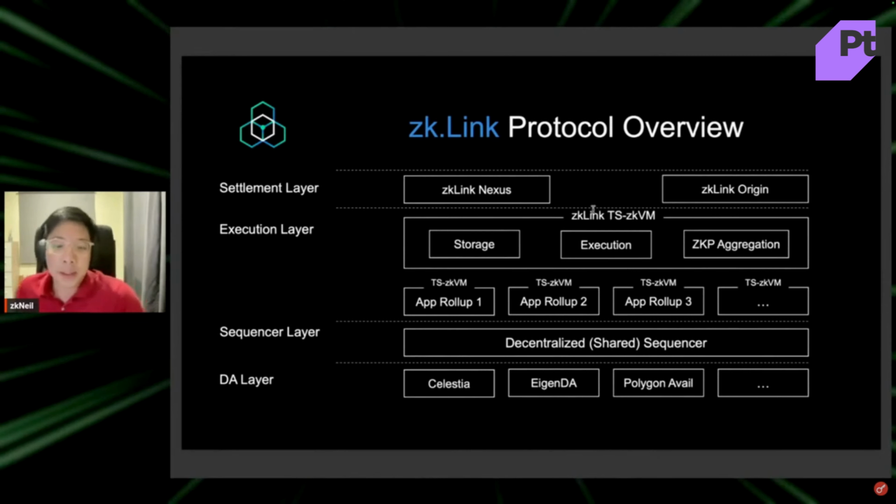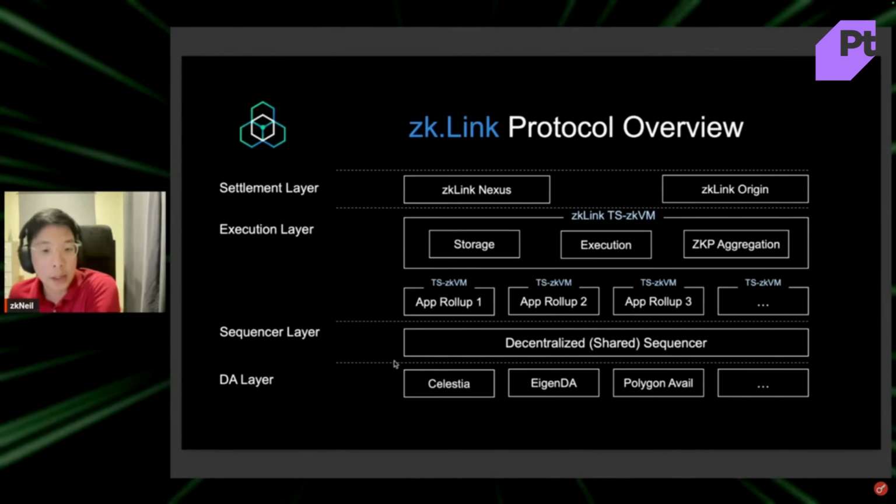The thing to notice here is that with the layer 3 on ZKLINK Nexus, you could build your dApp chain on top of the layer 3, and then fully customize your entire app protocol so that you could have very niche and custom specifications for your dApp.